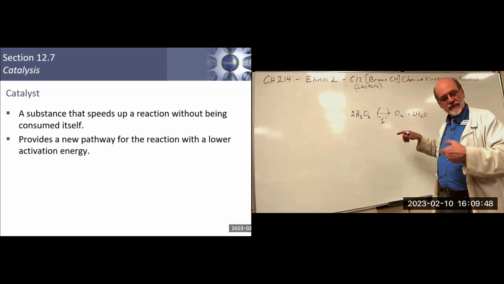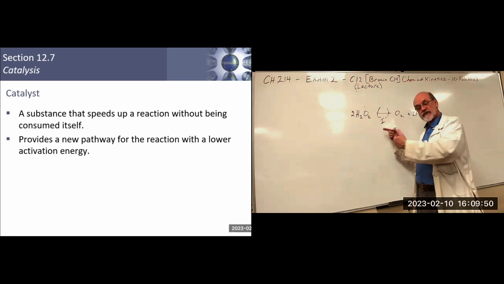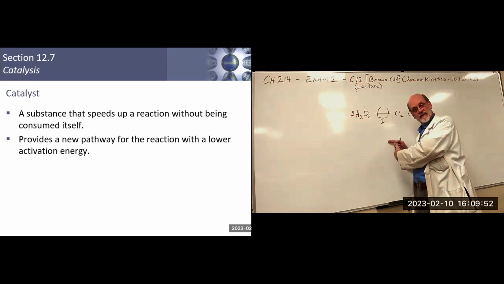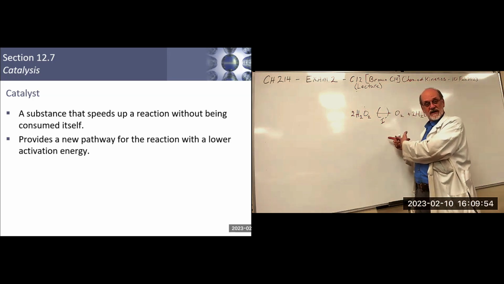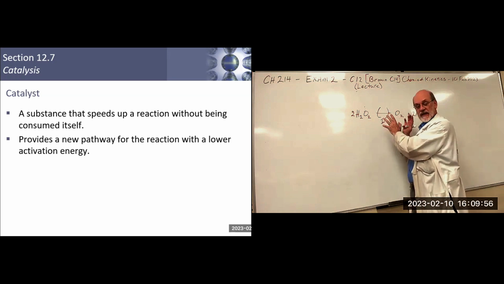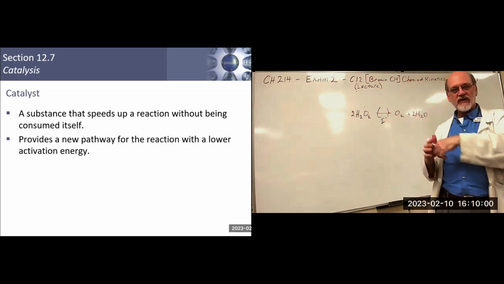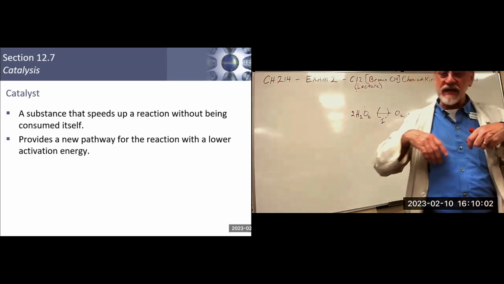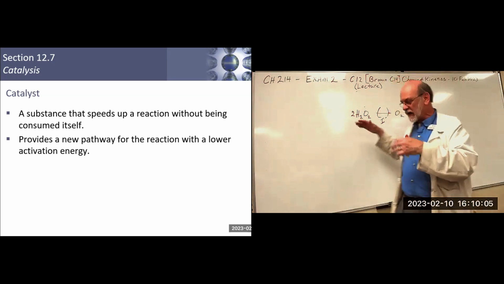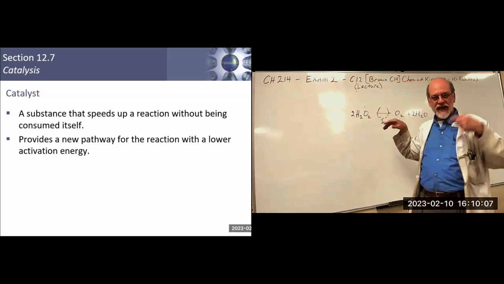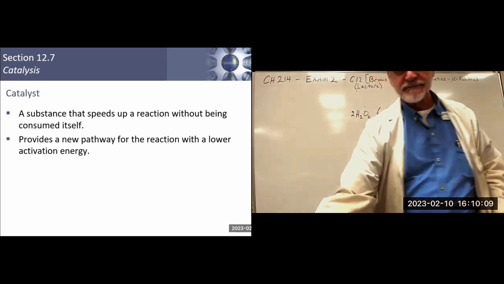And the elementary steps will change such that the slowest elementary step in this new mechanism is a lot faster than the slowest step in the uncatalyzed reaction. It speeds up the reaction. Okay, it offers a different pathway of elementary steps for the reaction. That's what a catalyst does.